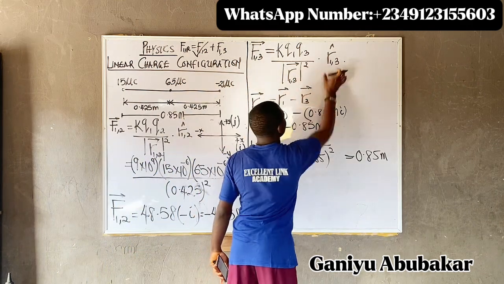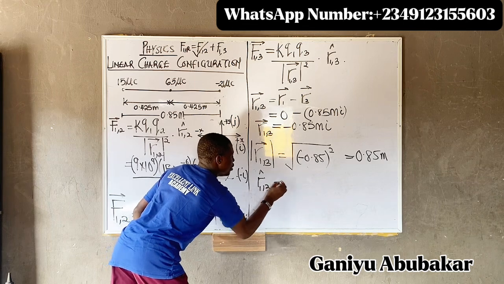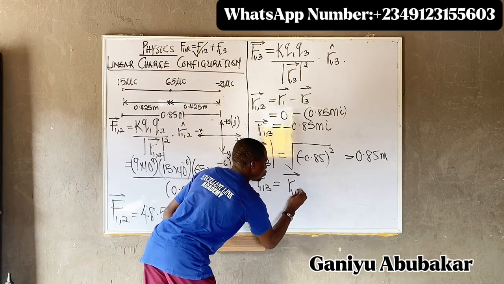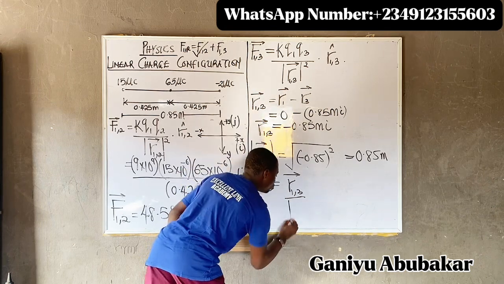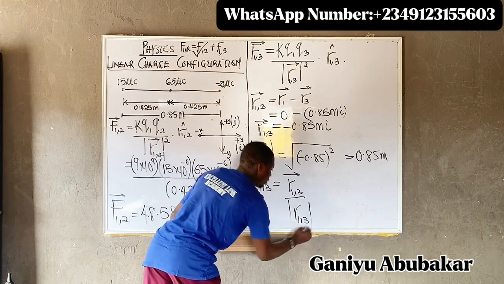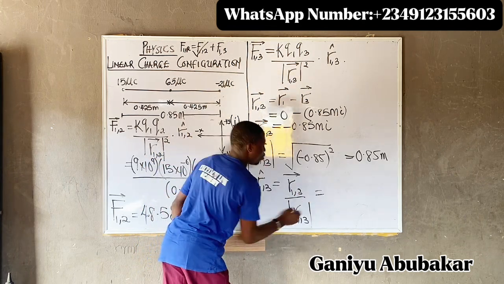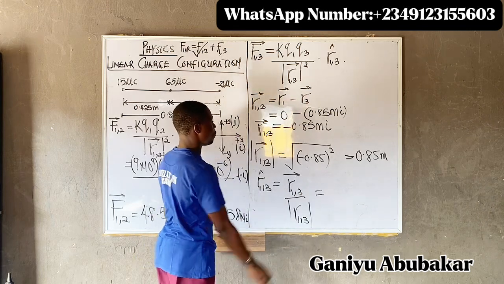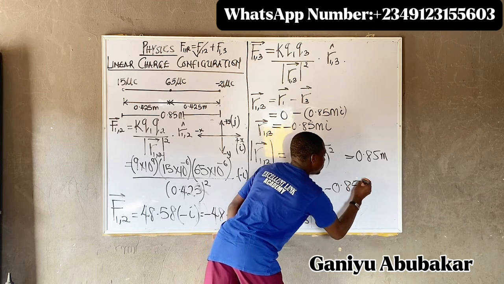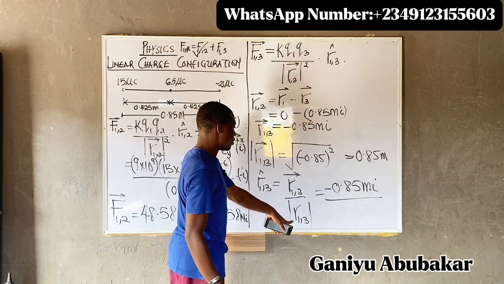Let us get the unit vector of R13. The unit vector is equal to the position vector of R13 all over the magnitude of R13. The value is this one minus, all over 0.85 meters, which gives this value.